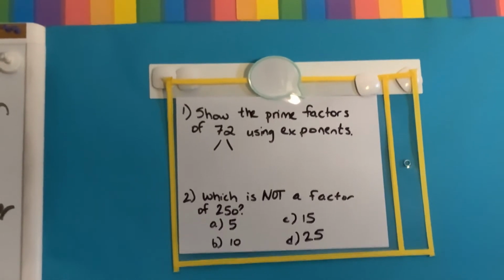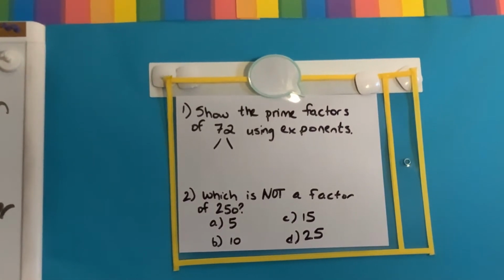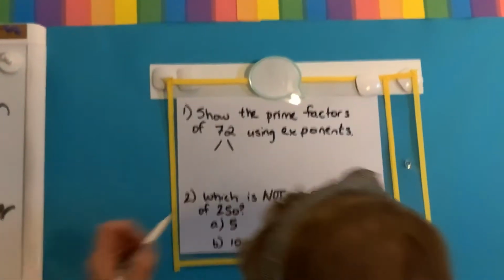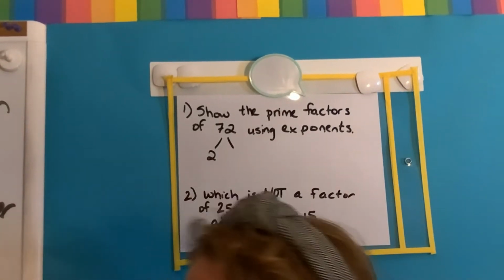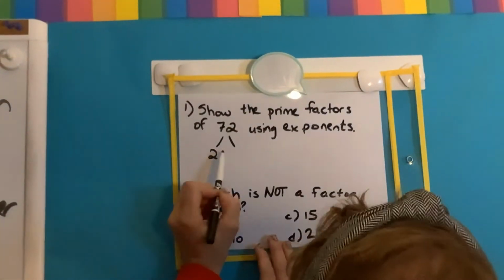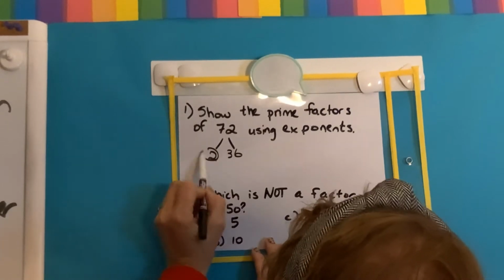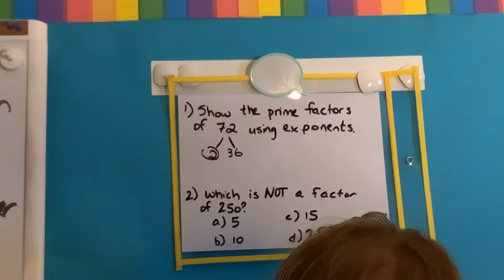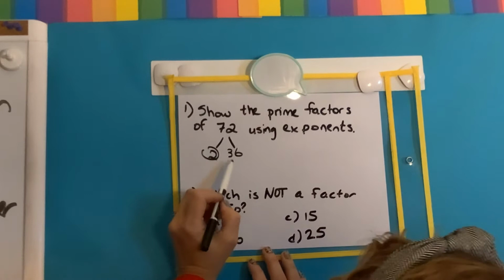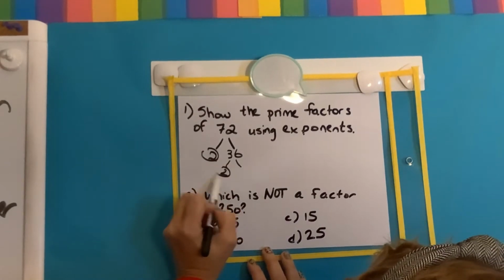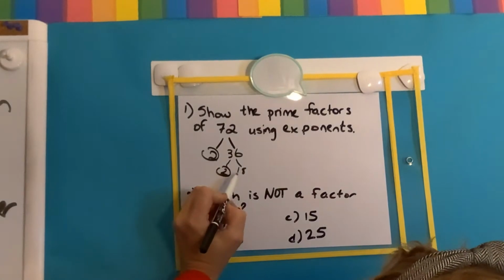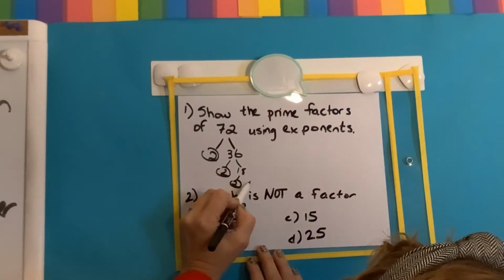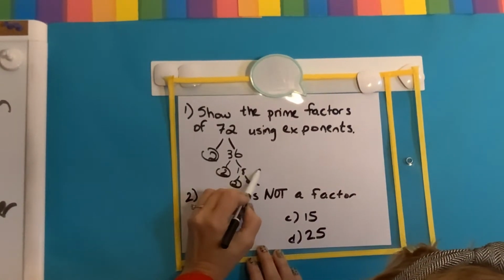So with our exponents, remember we're trying to find the prime numbers here. So even numbers, we can always start with 2 and then 2 times what? We should have 2 times 36. 2 is prime, so we circle it, okay? I don't have a lot of room here, but we're just going to keep trying. 2 again, and then 18. 2 again, and 9, and then 9 goes into 3 and 3.